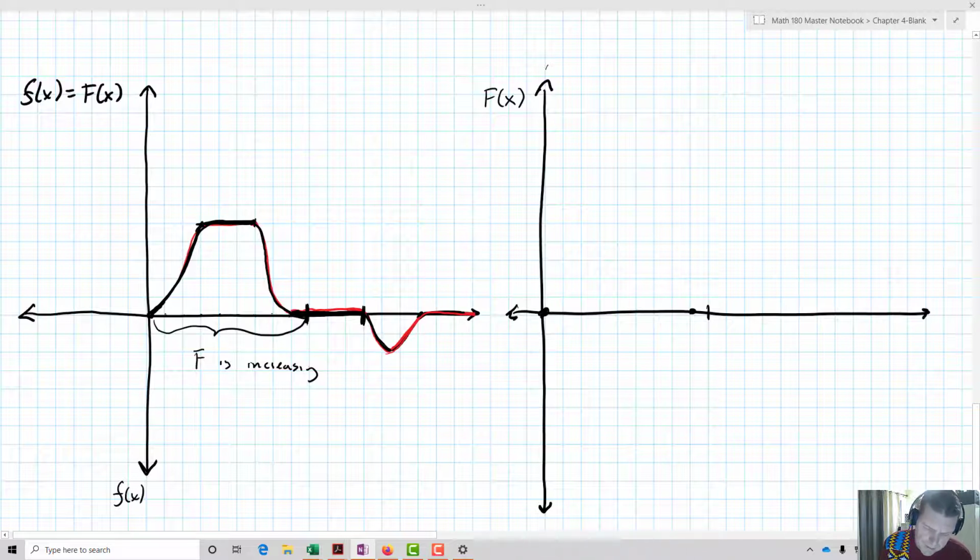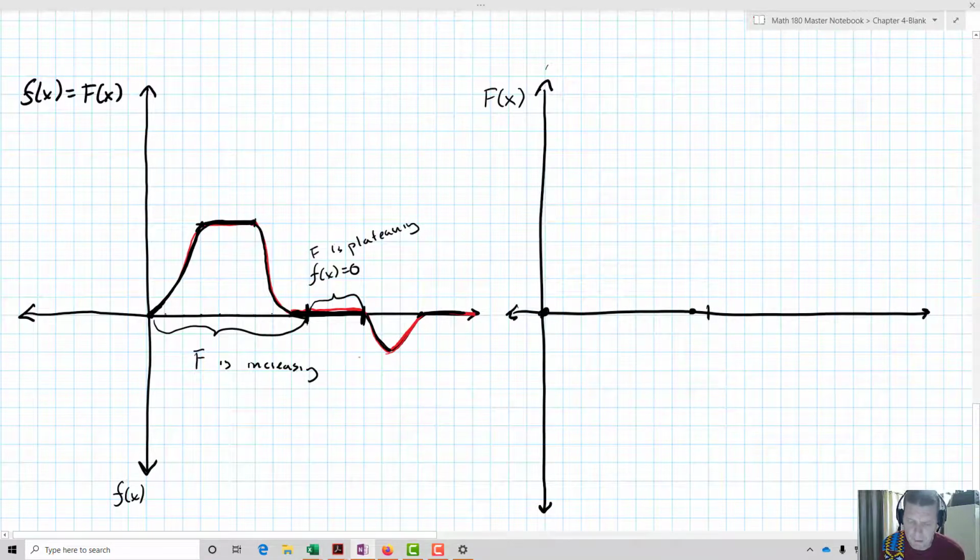Then we have something like a plateau here, and this is because f of x equals 0 along that line, so that means F is basically plateauing. It has no slope at that point. Then we'll have F decreasing along this line. So F is decreasing from, I guess, 12 to 15, and then it goes back to another plateau.